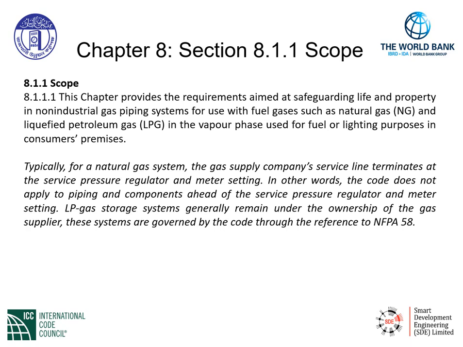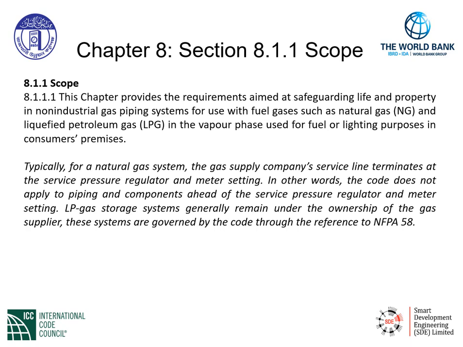As stated here, key point, non-industrial. For use with gas, fuel gas, such as natural gas and liquefied petroleum gas, we call it LPG, in the vapor state, used for fuel or lighting purposes in consumers' premises. There are some key points that have come out in this particular section. As I mentioned before, non-industrial gas piping systems.